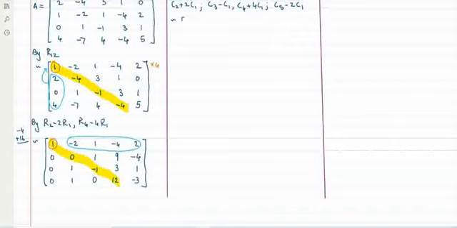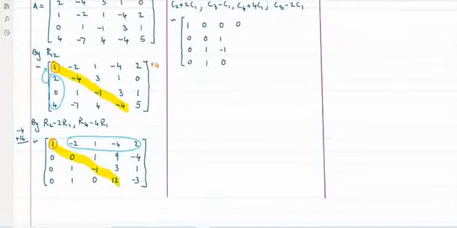So the new equivalent matrix, column wise: first column no change, 1, 0, 0, 0. Second one, 0, 0, 1, 1. Next, 0, 1, minus 1, 0, 0, 9, 3, 12, 0, minus 4, 1, and minus 3.